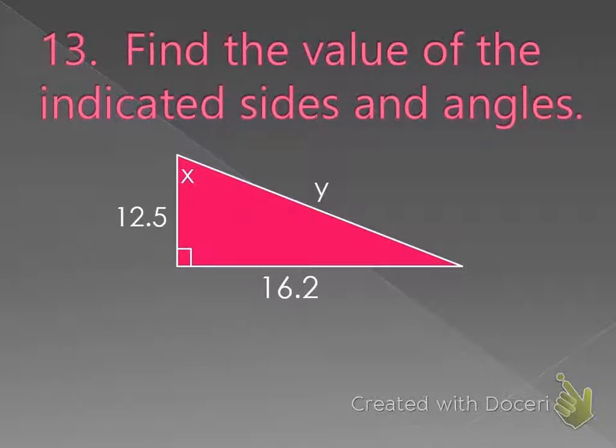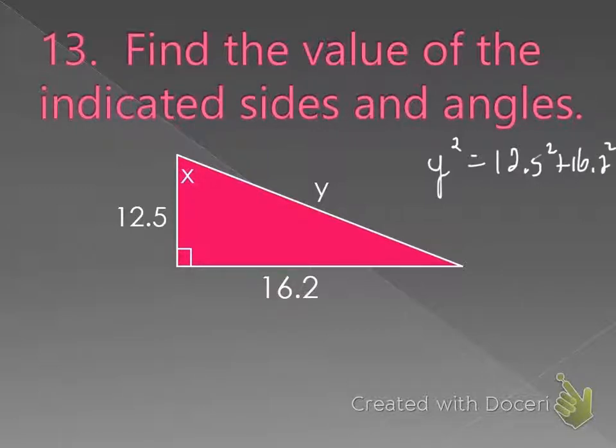We want to find x and y. Now, looking at this, hopefully, you realize that y is kind of, well, straightforward. Not easy necessarily, but straightforward. You got Pythagorean theorem. So y squared equals 12.5 squared plus 16.2 squared.